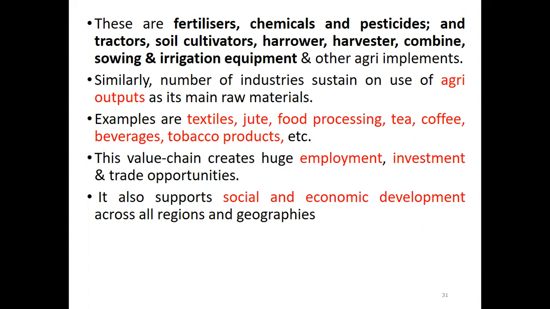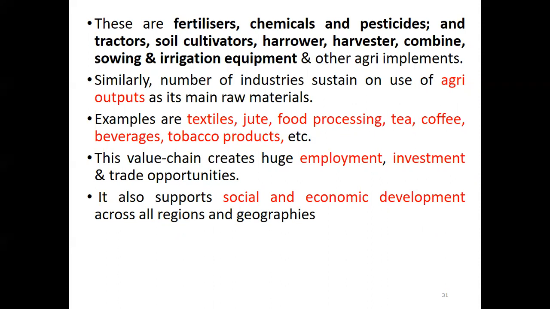That's why we need to support the agricultural sector, which provides inputs or raw material for industries. Let us take the example of the textile industry, jute industry, food processing, tea, coffee, beverages, and tobacco products, where inputs are coming from the agricultural sector.